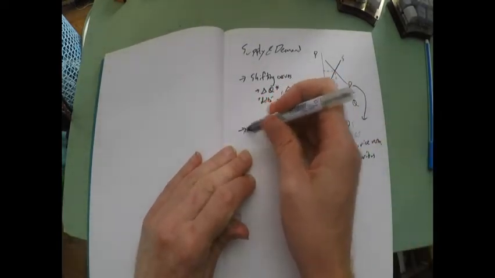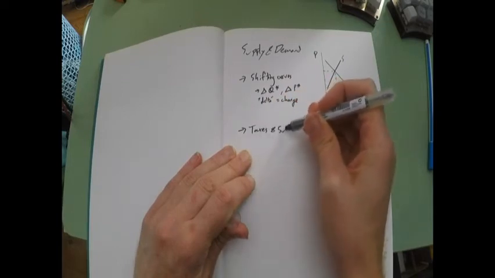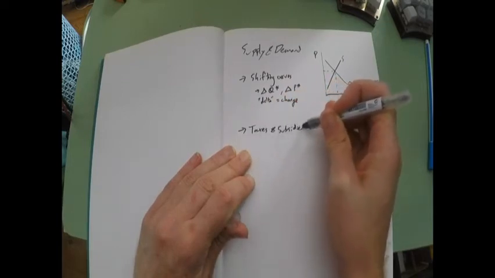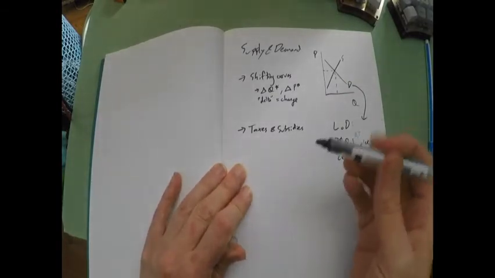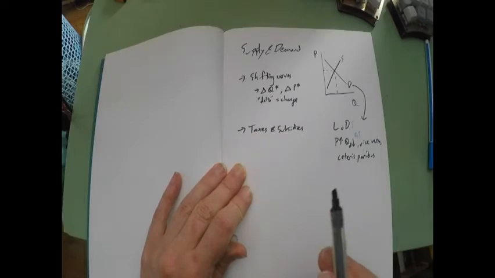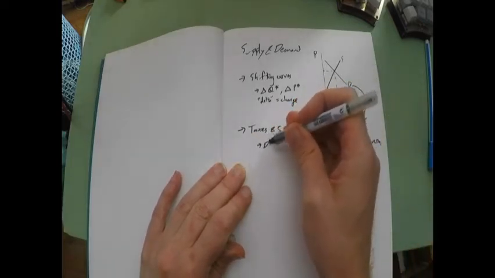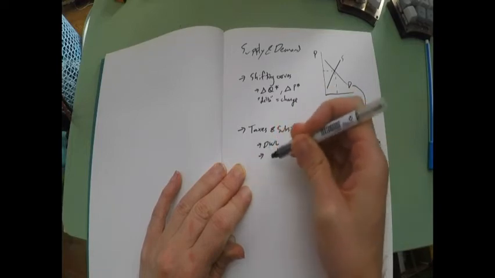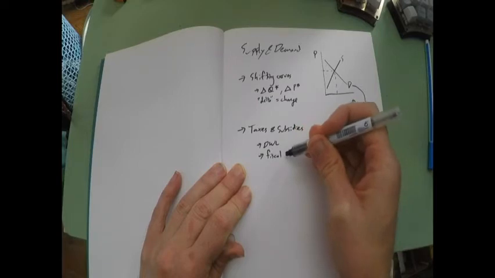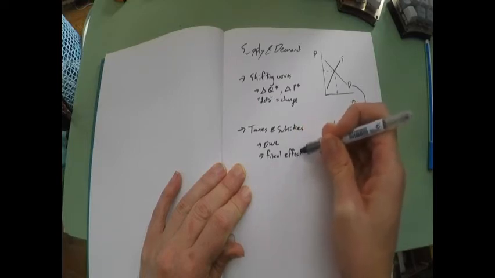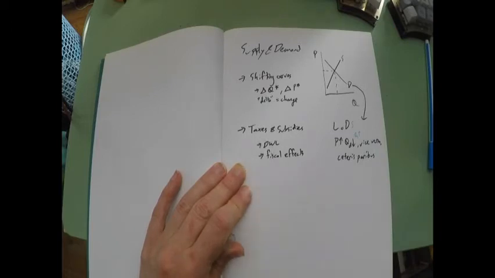Taxes, we have already talked about, as well as subsidies, which is just a negative tax or reverse tax. And again, here we can think about changes in quantity and price. And now we're going to bring in also dead weight loss. And then let's call it fiscal effects: the amount of money spent on a subsidy or the amount of money brought in by taxes.